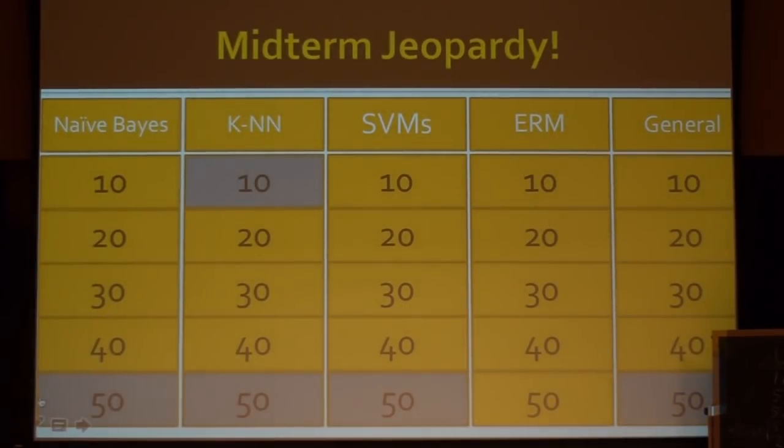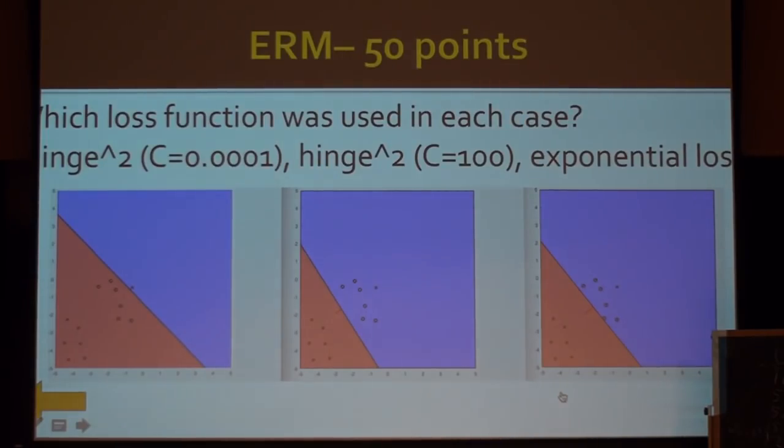Okay, good. Arthur, one more? You can pick one. ERM 50, okay, I like it. Which loss function was used in each case? I have three different examples: the squared hinge loss with C very, very small, squared hinge loss with C large, or the exponential loss.